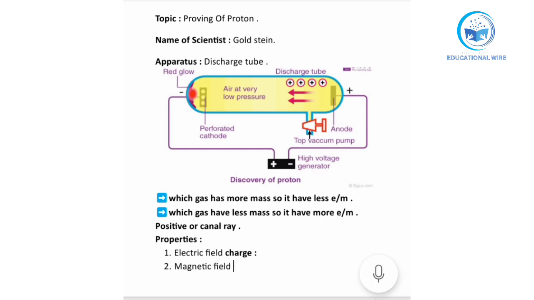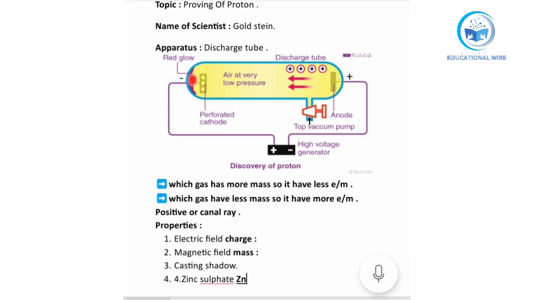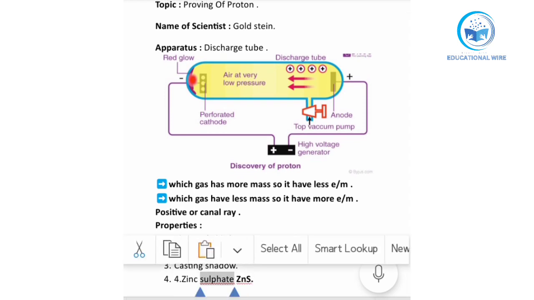It is the same as cathode rays, so there are the same properties, including mass. After that we will also discuss casting shadow, how a shadow is formed, and lastly zinc sulfate, ZnS.